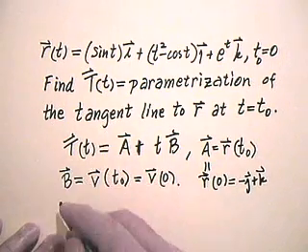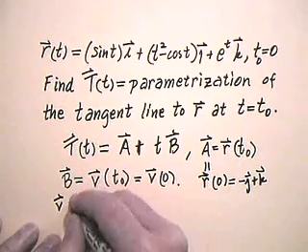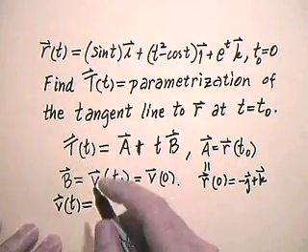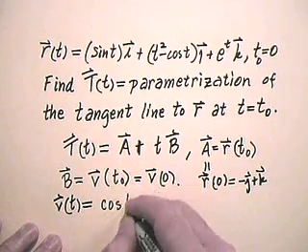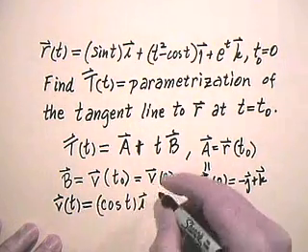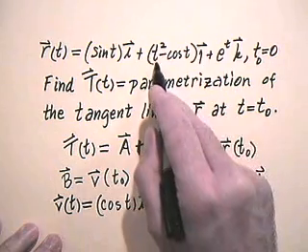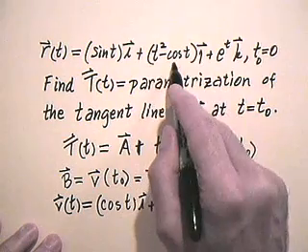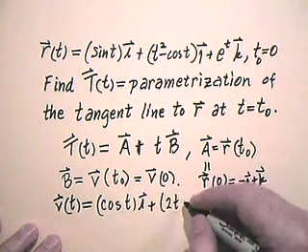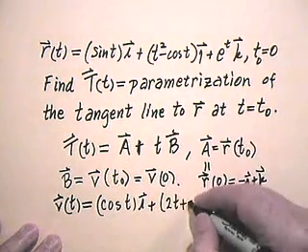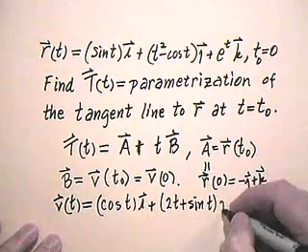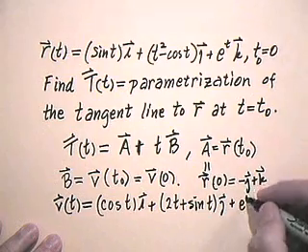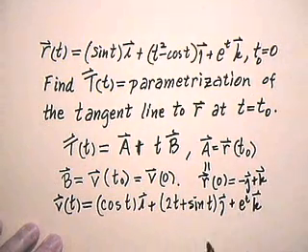Now let's differentiate to get the velocity as a function of time. v of t, well, derivative of sine is cosine. So we have cosine t i plus derivative of t squared is 2t minus the derivative of cosine, well, minus the negative sign would be plus sine t j, and plus the derivative of e to the t is e to the t, so we get e to the t k.